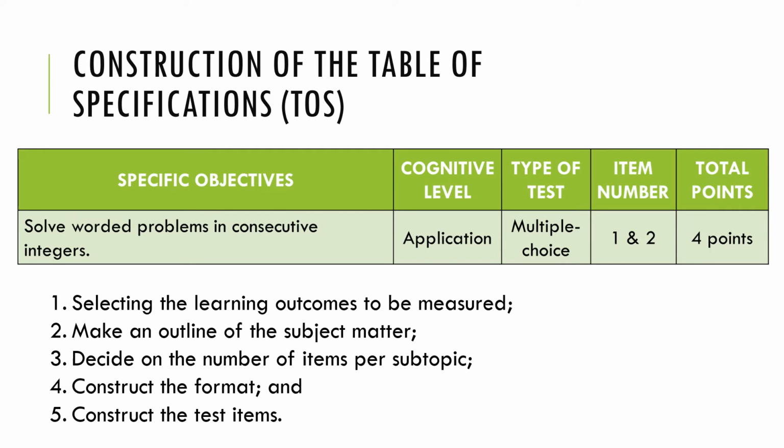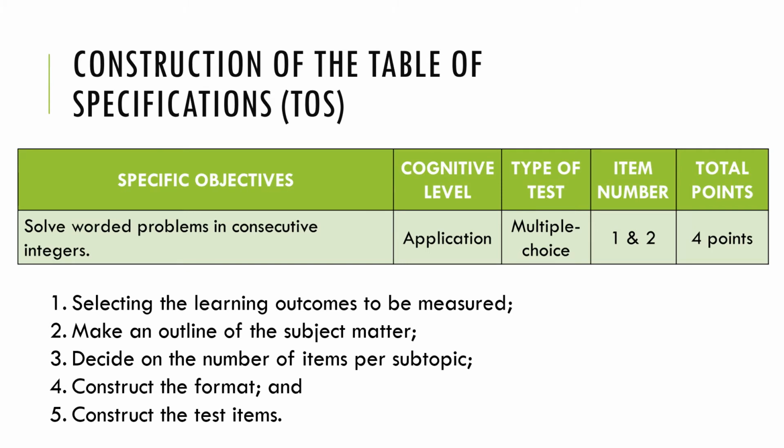For you not to be confused by the time you will be constructing your table of specifications, you have to make sure that the number of items is also the number of points. Okay? Like for example, meron kang, okay, please number your paper from 1 to 100. Because we will be having a test which is 100 items.